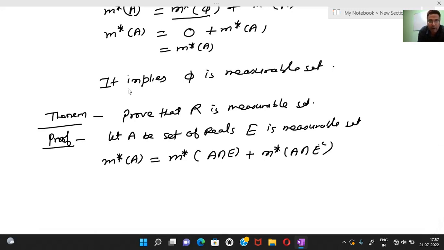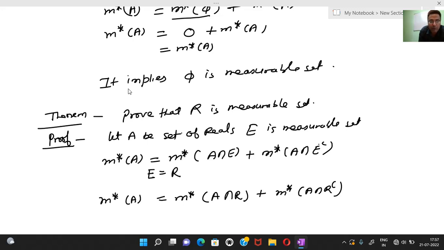Here we put E equal to R. Now we can see outer measure of A equal to outer measure of A intersection R plus outer measure of A intersection R complement.